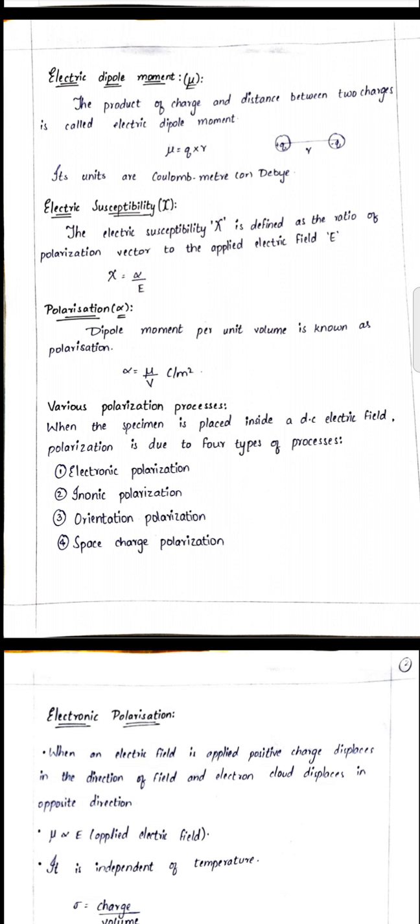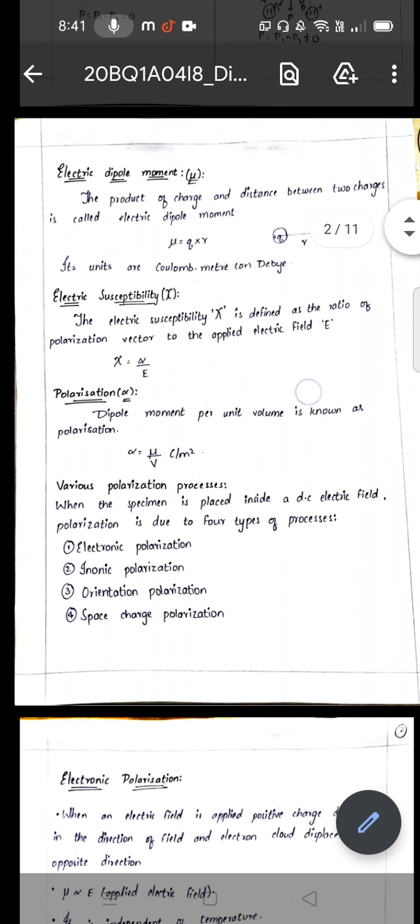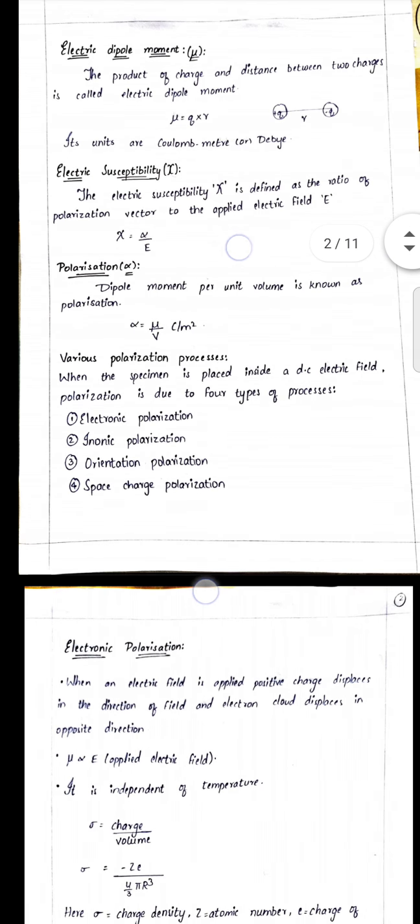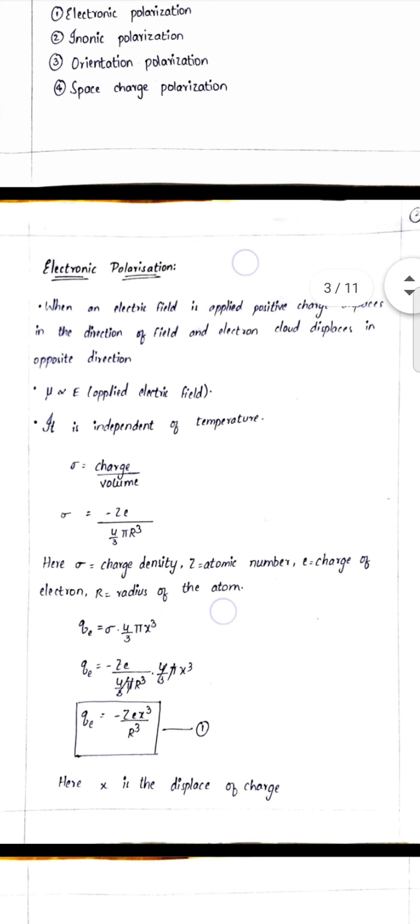Mainly, polarization has four processes: electronic polarization, ionic polarization, orientation polarization, and space charge polarization. Now let's see each polarization one by one in depth.